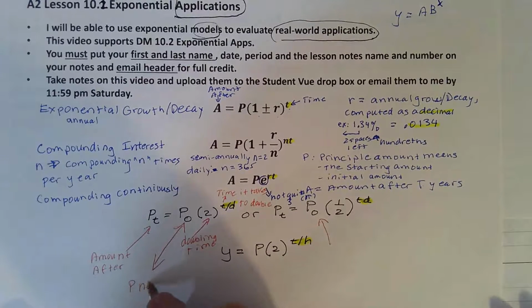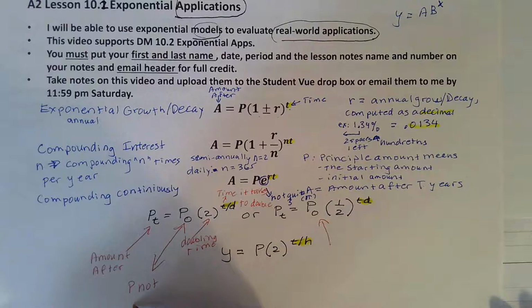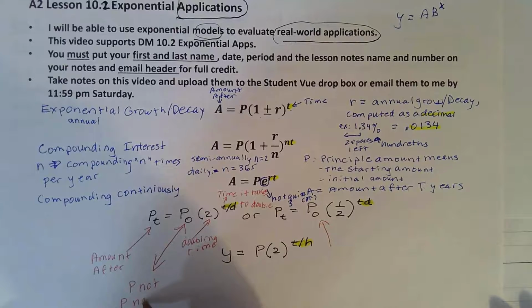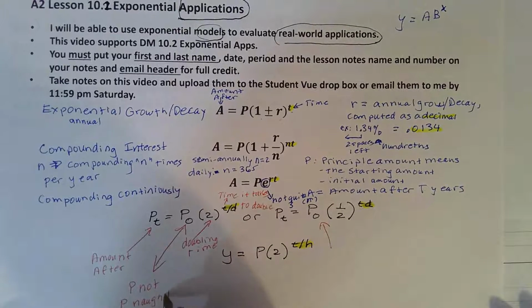Usually this is the way people think of it, but it's really P, N-A-U-G-H-T, as in naught. And so that's just, what is it? It's the initial amount.